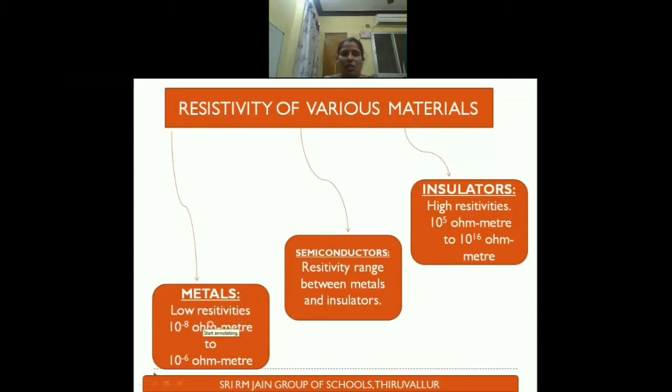What is the resistivity of the metals? It is of the order of 10 power minus 8 ohm meter to 10 power minus 6 ohm meter.